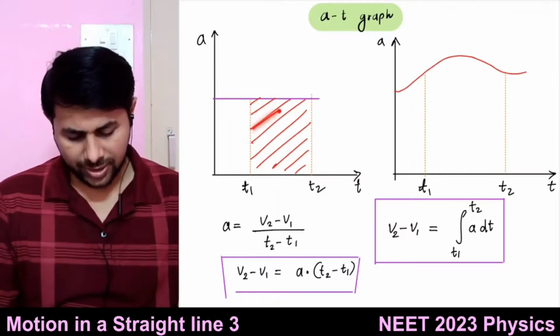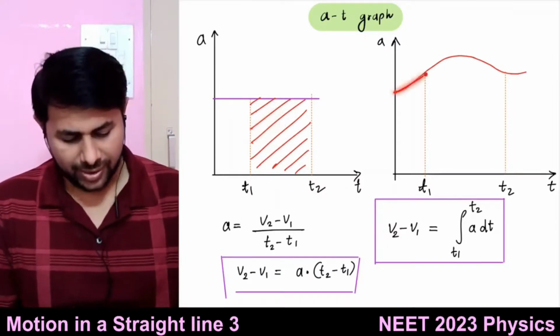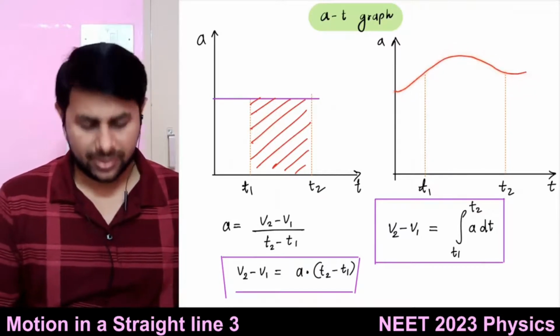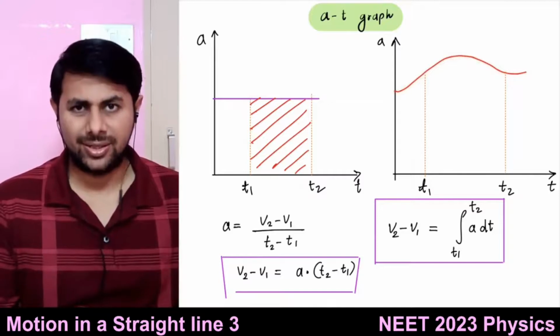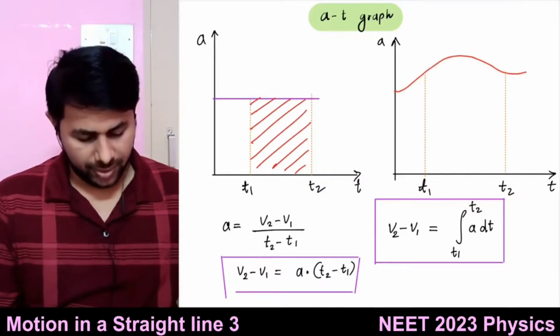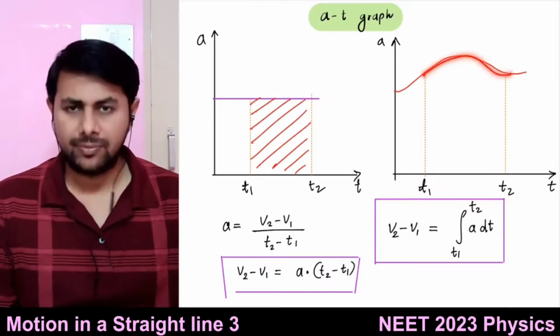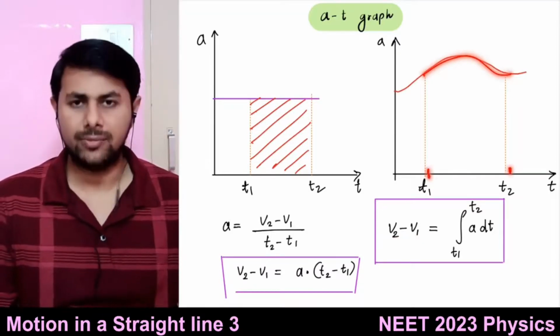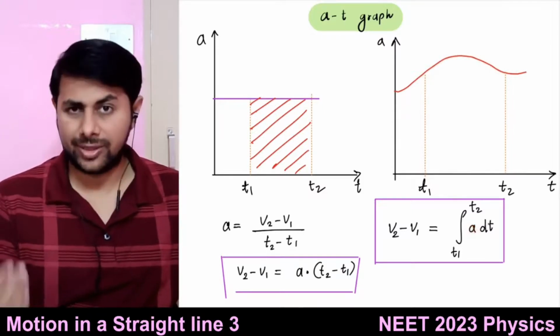So it's simple to find out area under this kind of a curve. But if we have acceleration versus time graph like this, what should we do? We should integrate. So v2 minus v1 in this case will be area under this curve from t1 to t2. But now we have to take integration of a with respect to time.